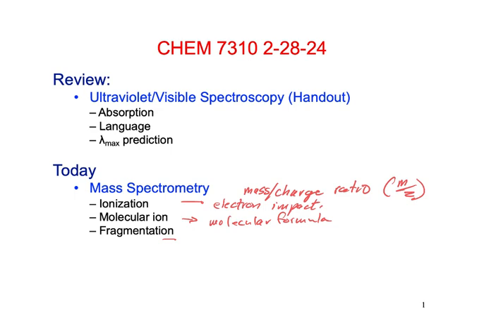Though it's pretty high energy, so like IR, there will be ions that we won't be able to explain, right? Because a lot of high energy things can happen. So what we'll try to focus on is the molecular ion and more of the higher mass ions. They'll give us the most information.